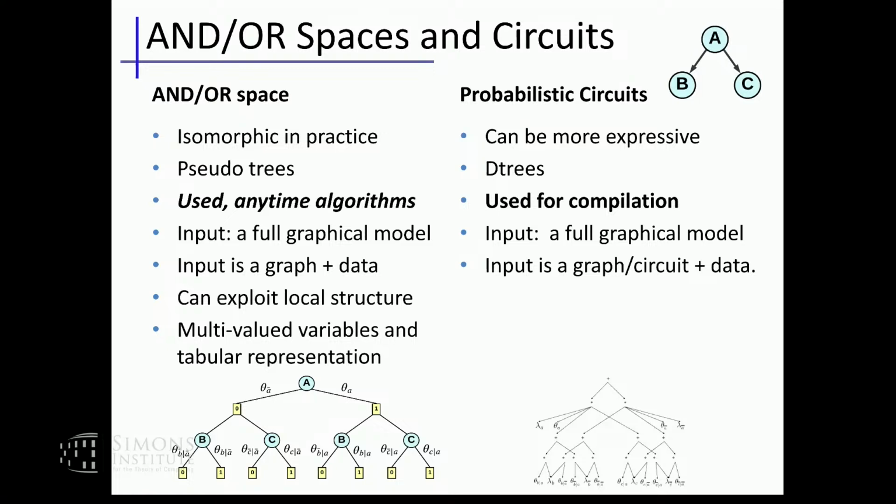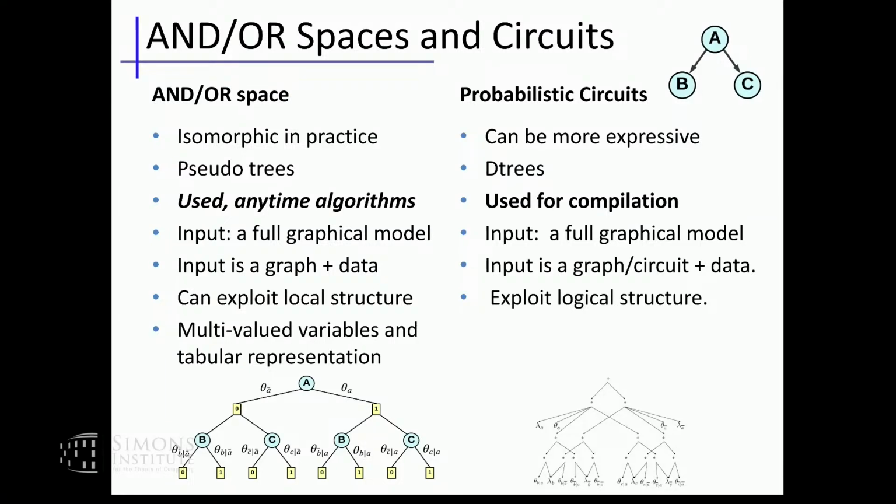The input is also sometimes different. You can start from full graphical models and then move to this representation, or you can start, in the case of arithmetic circuits, from the circuits and learn the parameters. So we have these two types of initial starting points. Arithmetic circuits naturally exploit very well, by compilation, the logical structure and the local structure of the functions.